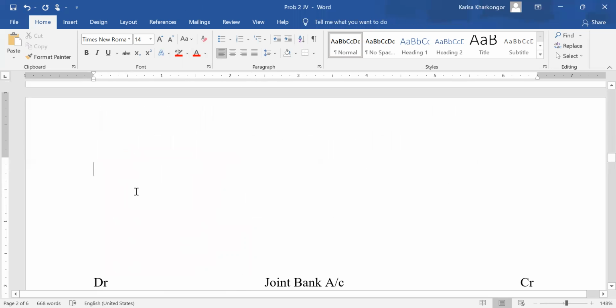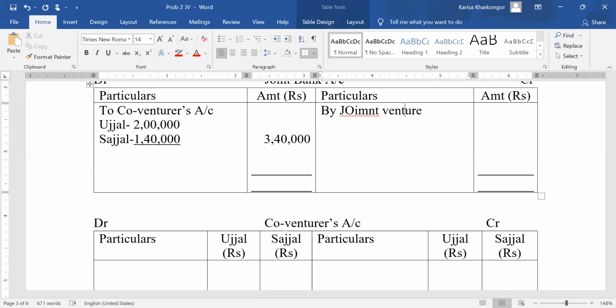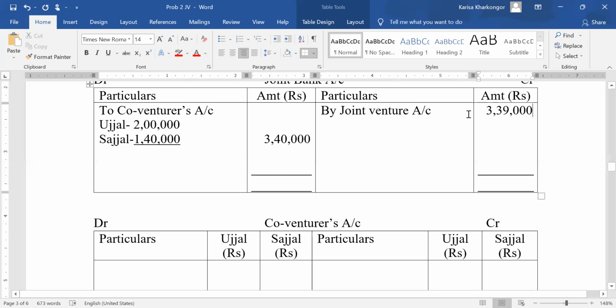So we make an opposite entry of that by joint venture account 3,39,000.